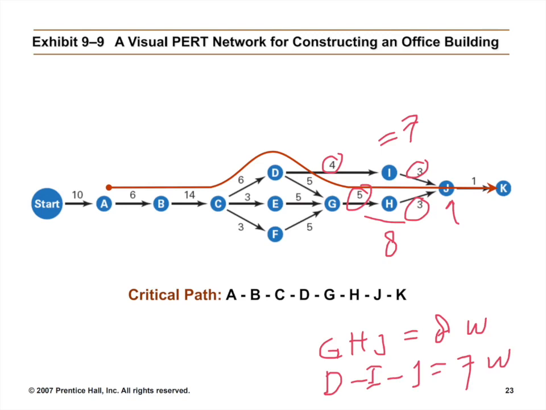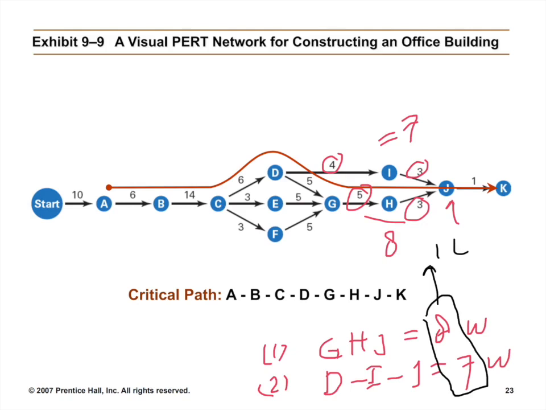We cannot do the activity K when the first part and the second part are not completed together. So we have different times here, 8 and 7.